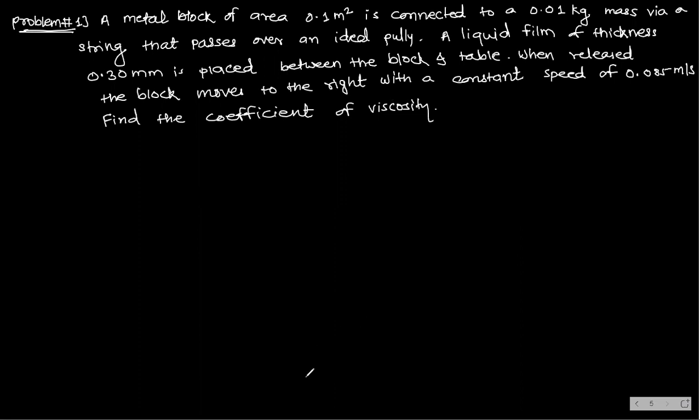Now let's solve this. How to solve? First of all, you see here what is given, and before that, let me draw the diagram so that you will understand what is there. Let us assume that this is a table, and here is a pulley, which is an ideal pulley, somewhere here like this.